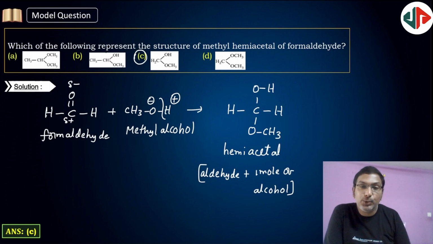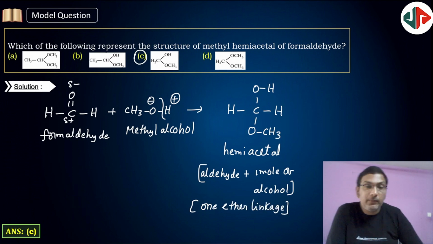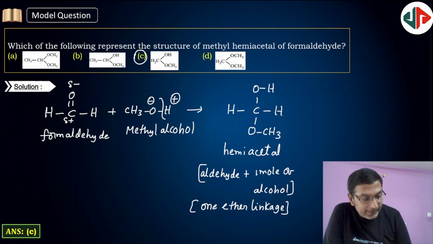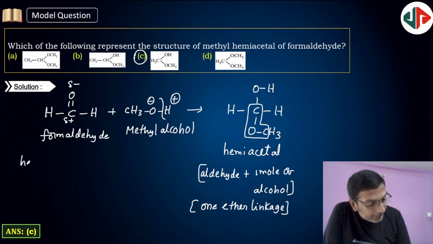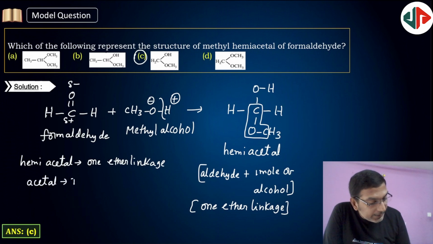Next, aldehyde plus 2 moles of alcohol will give acetal. Hemiacetal is a one-ether linkage compound, the ether linkage being C-O-C. Acetal has two ether linkages.